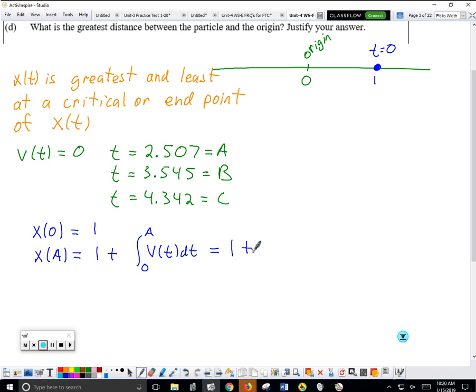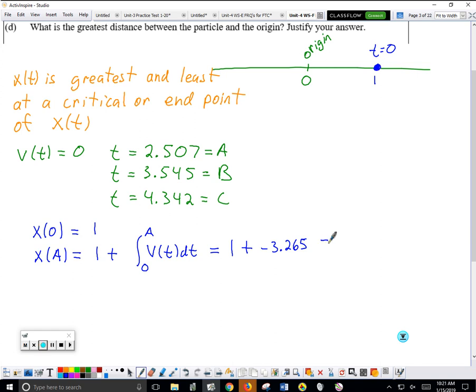Negative 3.265. 4 points for Michelle. So the particle starts at 1. Over the next roughly 2.5 seconds, the position becomes about 3 more negative than it currently is.